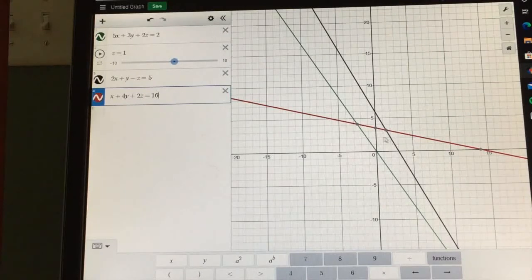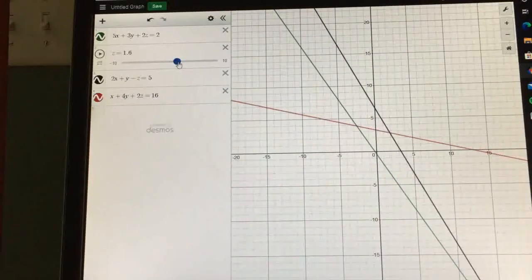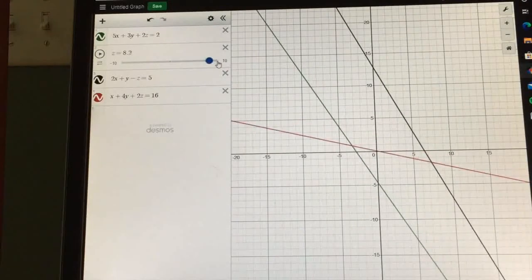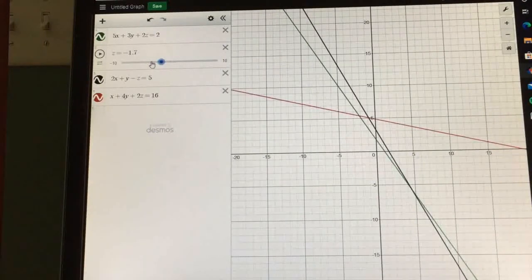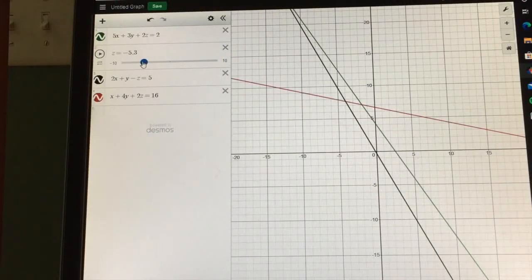I notice here it doesn't look like they're converging anywhere, so I need to move my slider z to see where those three lines will intersect. And let's see, it looks like they're getting further apart there, so let's go this direction, see what happens. Yeah, looks like they're starting to get closer and closer together.